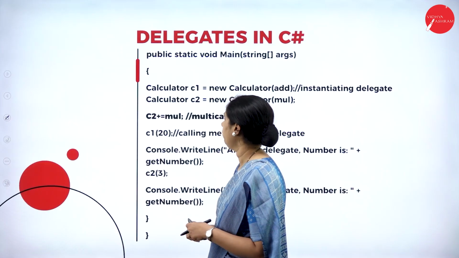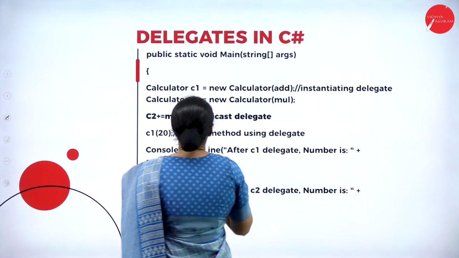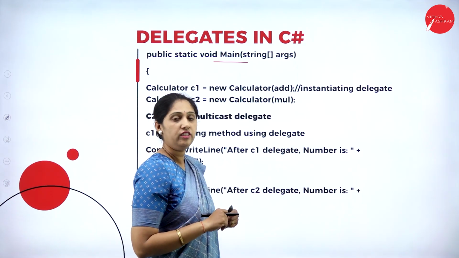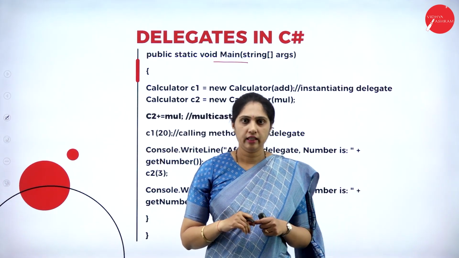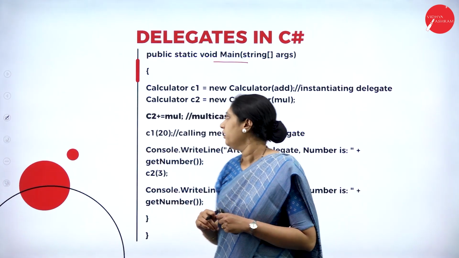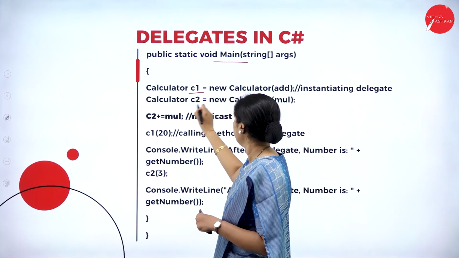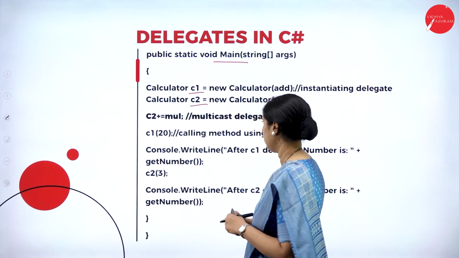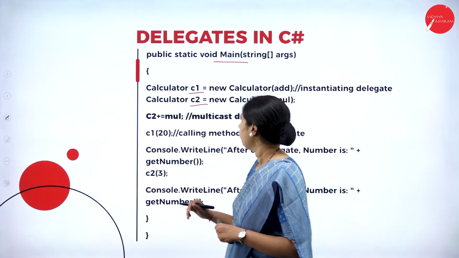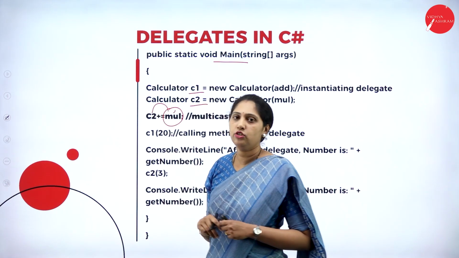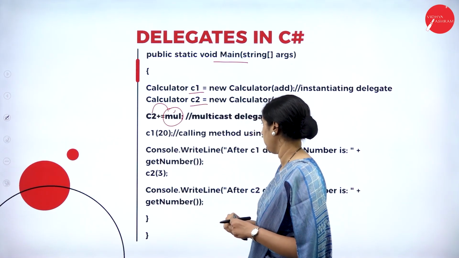Now here, in the main function, we have to instantiate the delegate. We have to create a reference to the delegate. So we have added 2 objects, C1 and C2. Next we assign mul to C2. C2 is also an object.